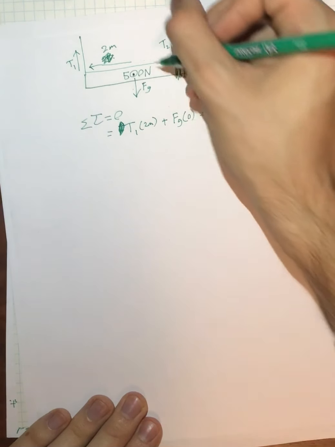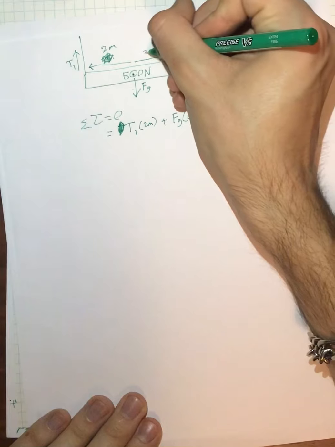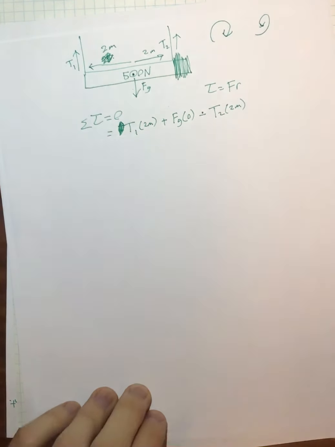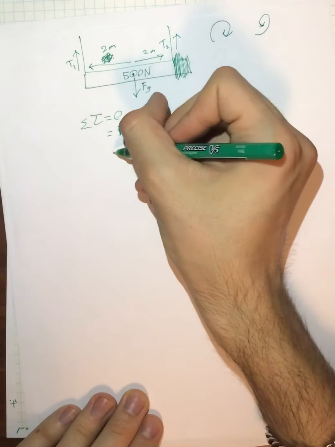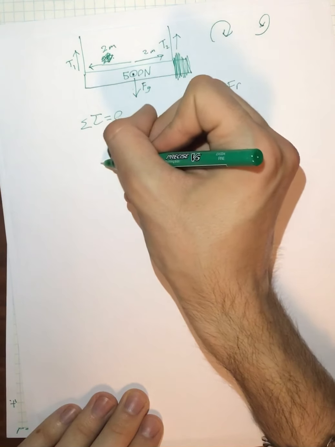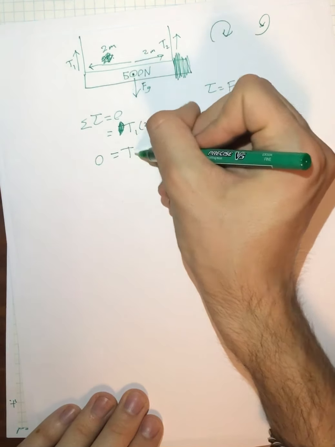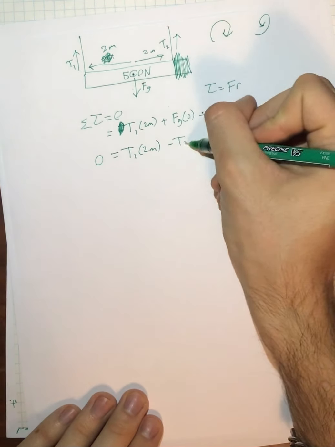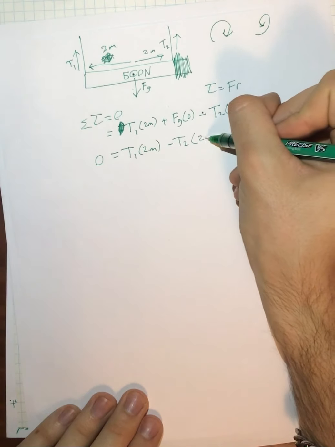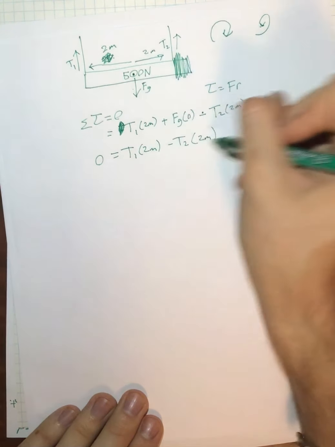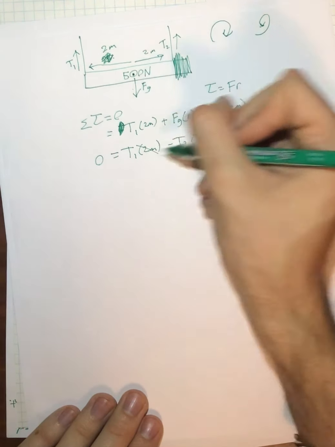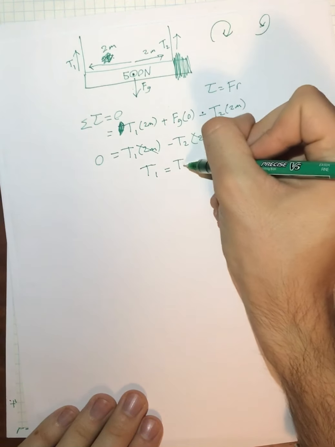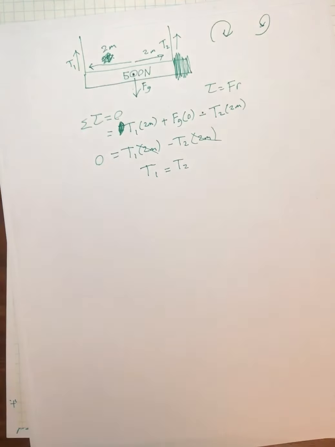So T2, also a 2 meter radius away, and so we'll plug in 2 meters like that. All right, so the net torque should be 0, but it's also equal to T1 times 2 meters minus T2 times 2 meters. Now the 2 meters, I can divide both sides by 2 just to get rid of them, and you realize that tension T1 equals tension T2.